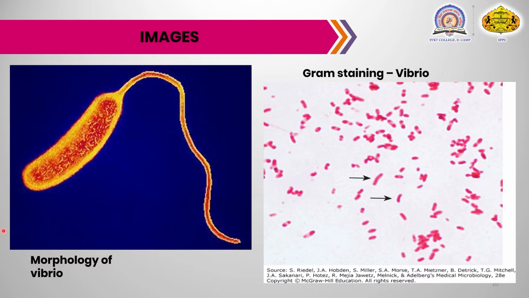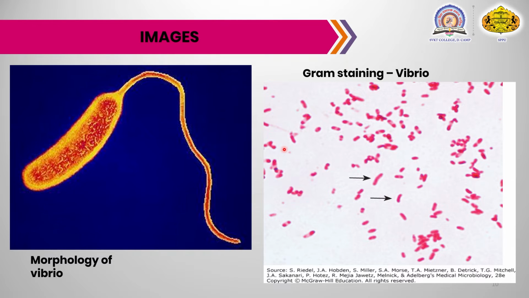As we have already discussed, Vibrio is a curve-shaped bacterium associated with a single polar flagella. In this image, you can see the curve, and this is the polar flagella. You can see the single polar flagella is present in Vibrio. So this is a typical morphological characteristic of Vibrio.